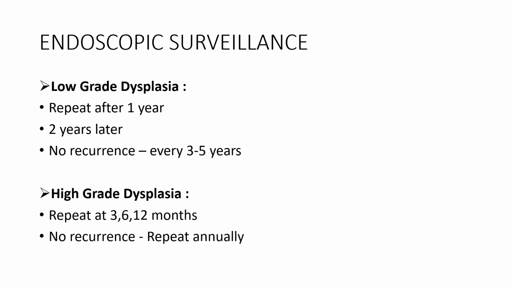After that, if there is no recurrence, endoscopy should be repeated every 3 to 5 years. In high-grade dysplasia, repeat endoscopy at 3, 6, and 12 months following complete eradication of intestinal metaplasia. If there is no recurrence at that point, endoscopy should be performed annually.